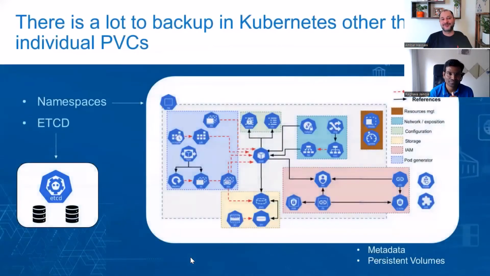Now let's look a little deeper into what we have in Kubernetes. Mainly two things. One, etcd holds every bit of the configuration of the cluster, which is basically immutable. And then you have namespaces for your production workloads or any other.